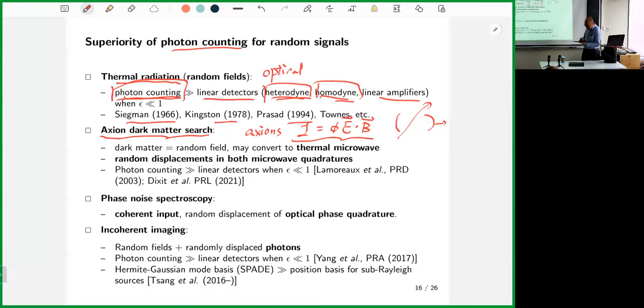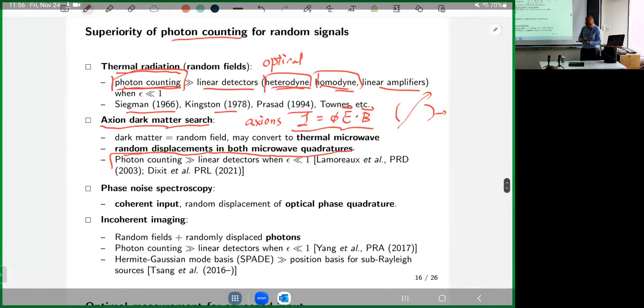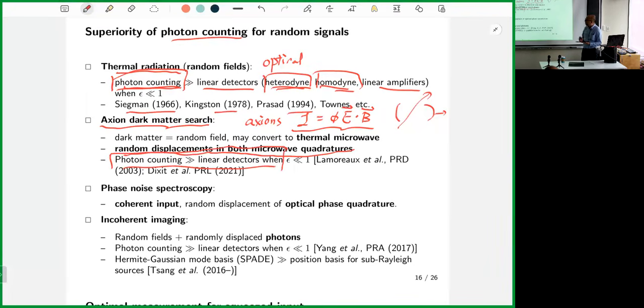So on the microwave side, the axions are doing random displacements in both microwave quadratures so that you see thermal microwave coming out. In this problem, people also know that photon counting is so much better than doing linear detectors.